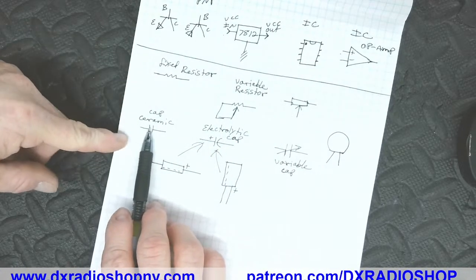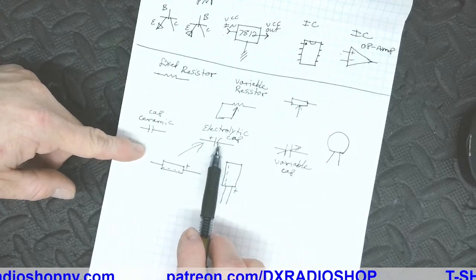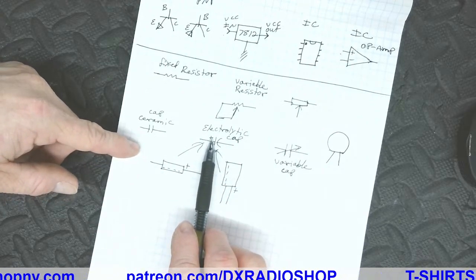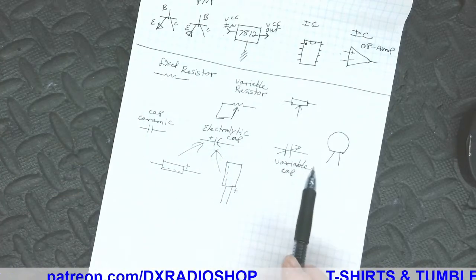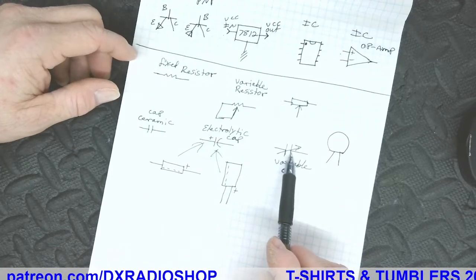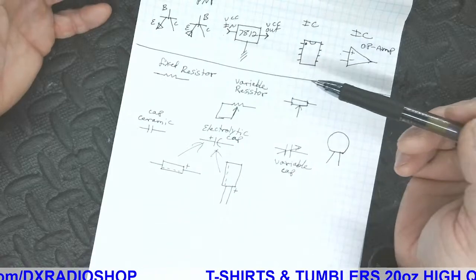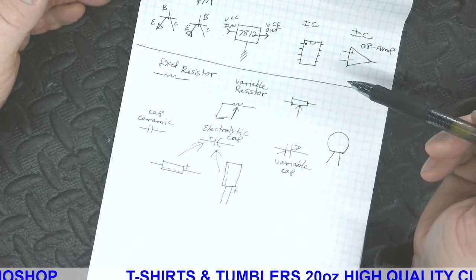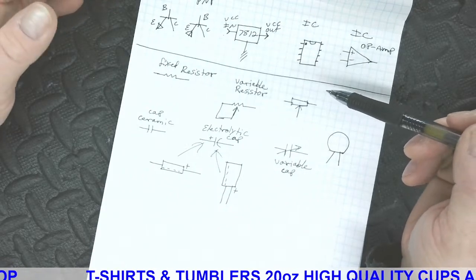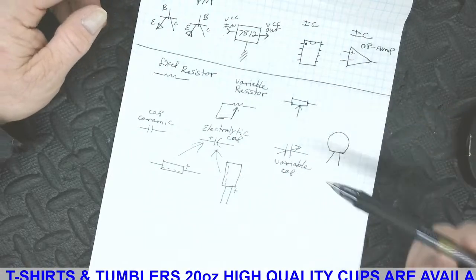I see just this, there's no polarity, that's got to be a ceramic capacitor. And this one has a plus mark, which means it's a polarized electrolytic. If you see symbols like this, it's a variable capacitance, like a tuner. Like with your AM FM radio stations, you go to turn your stations, you're changing that with a variable tuner to tune the stations.